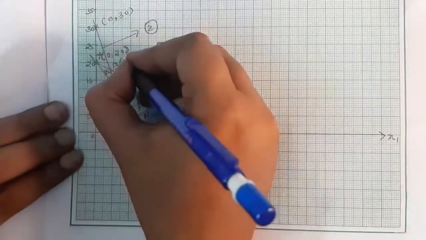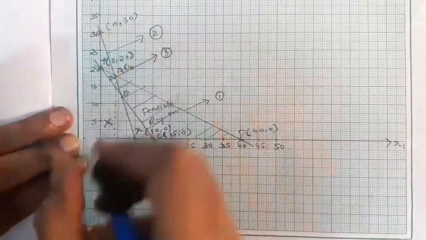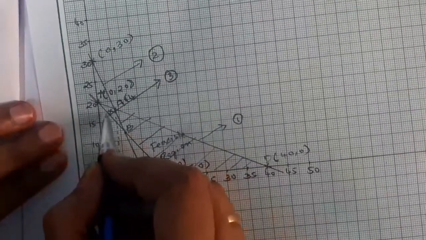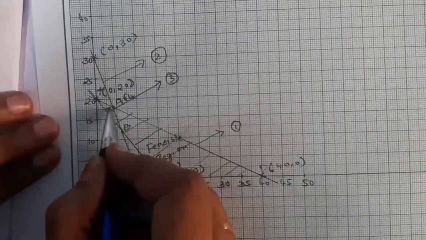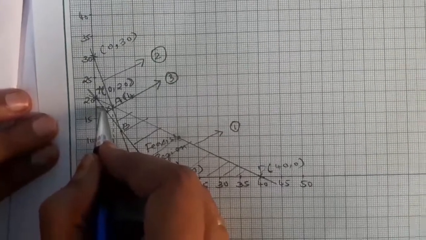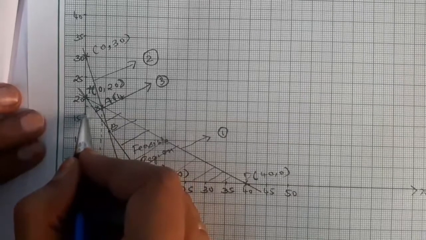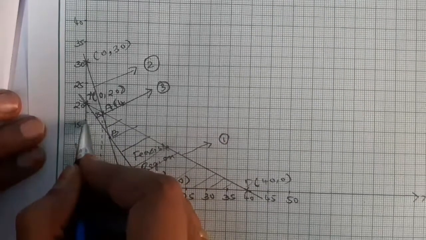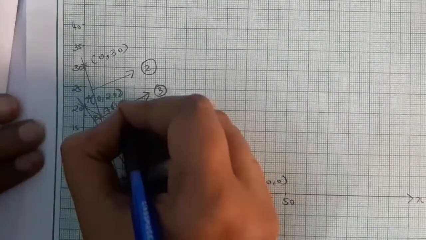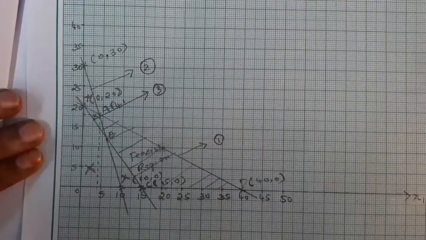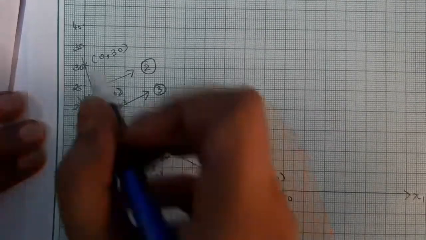I am getting 4 as the x1 value for the point A, and towards the x2 axis I am getting 18.